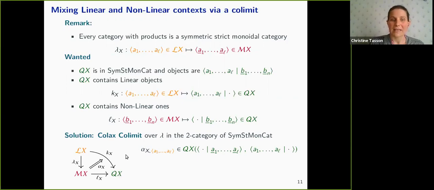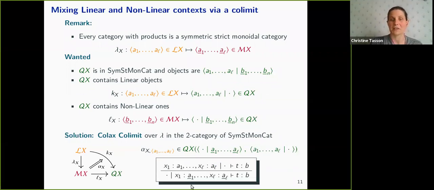What I get is a two-cell here, which actually has a logical interpretation. The component of this two-cell is just a morphism in Qx from this setting with only nonlinear types to this setting with only linear types. And the logical interpretation is this one.